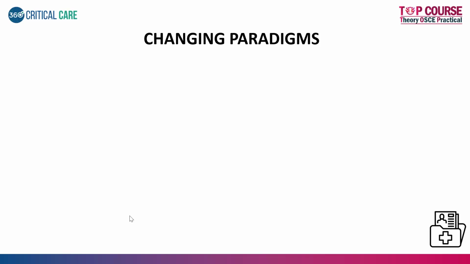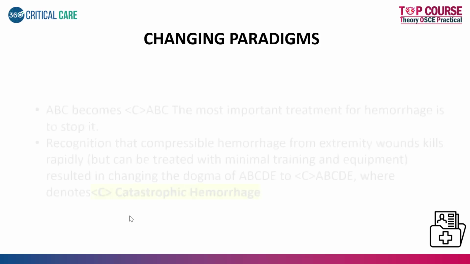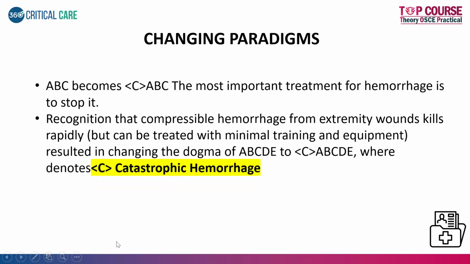That is one thing I'm happy to hear. Actually, it stands for catastrophe, catastrophic hemorrhage. It's actually CABC. What we usually forget is the other C. That C stands for catastrophic hemorrhage. This is what you have to remember.